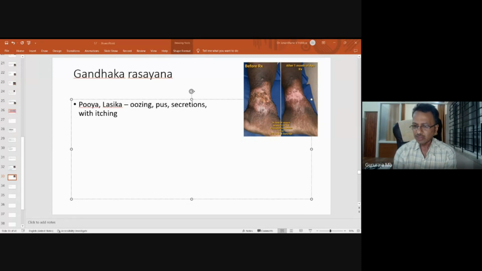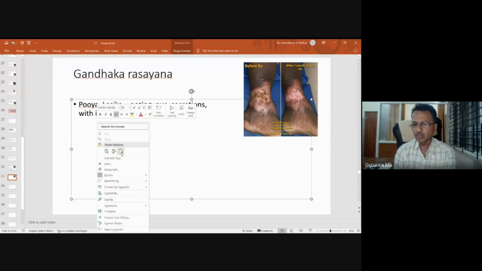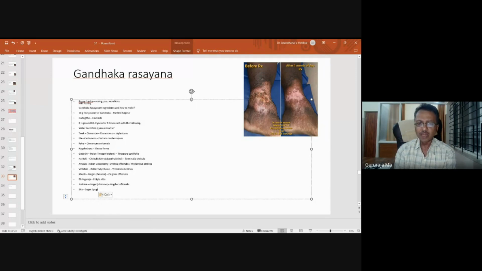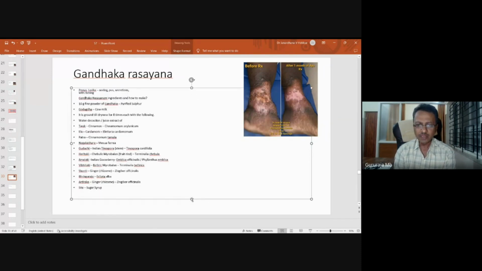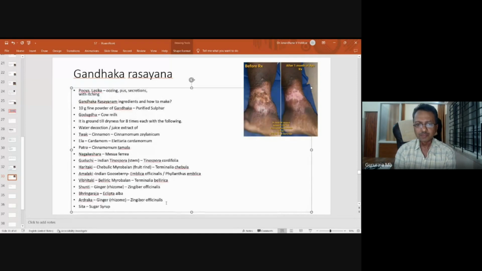Even nowadays, I'm trying this Gandhaka by rubbing it in water and applying it as a lepa in many skin conditions, and it is giving good results. Gandhaka works in a wonderful way, and wherever there are fungal infections, itching conditions, or oozing conditions, I would definitely add Gandhaka Rasayana, and it works wonders.